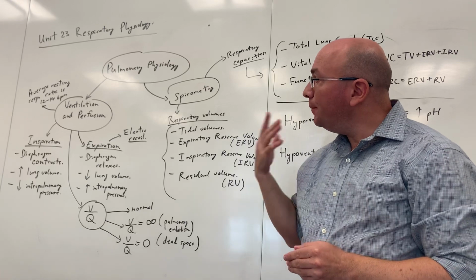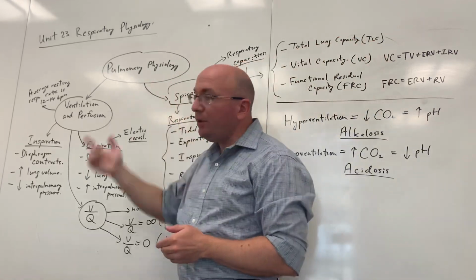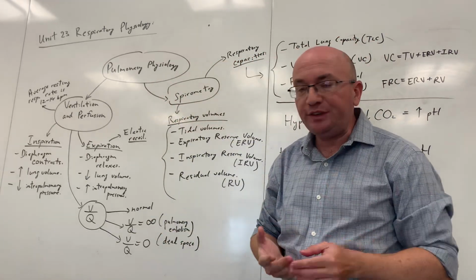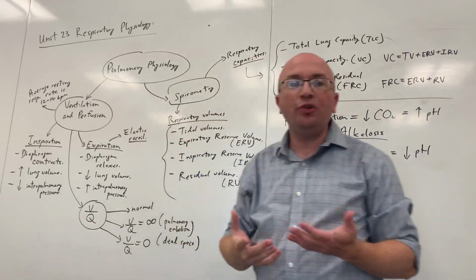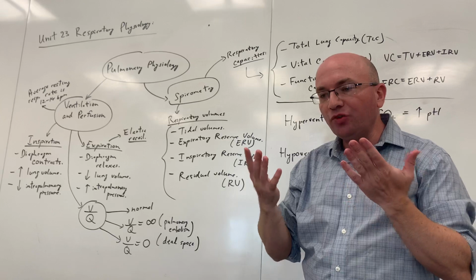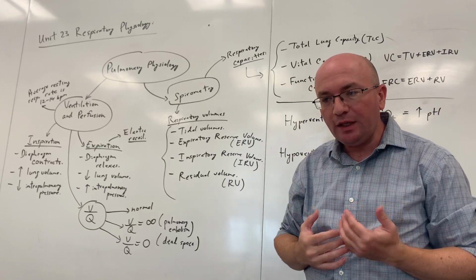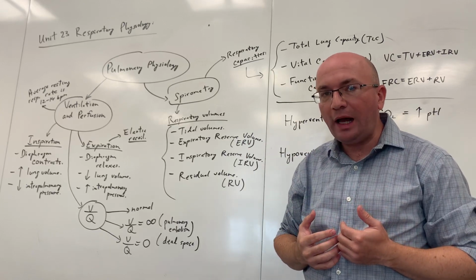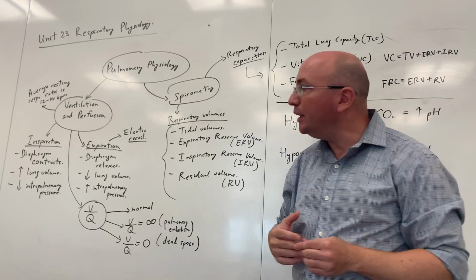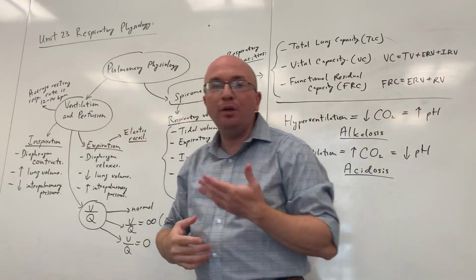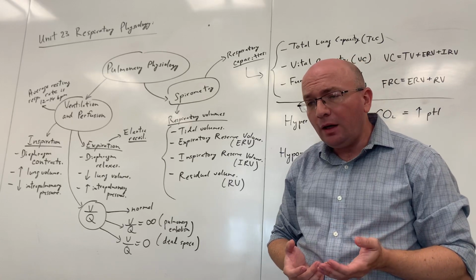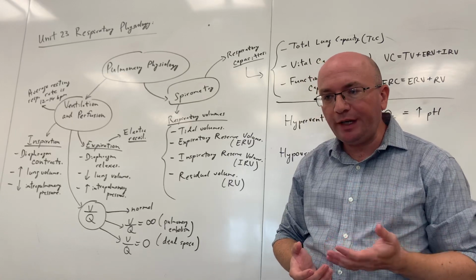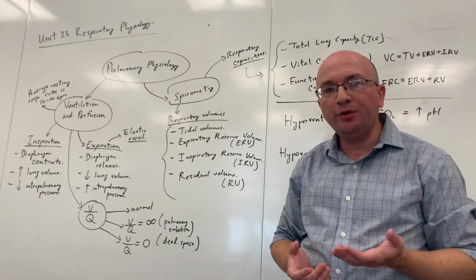Now, keep in mind, when we talk about pulmonary or respiratory physiology, we're talking about ventilation and perfusion. Ventilation refers to the air that's going through the airways on its way to the alveoli where gas exchange occurs, and perfusion refers to the blood flow that will carry the oxygen and carbon dioxide and other gases as part of the respiratory function.